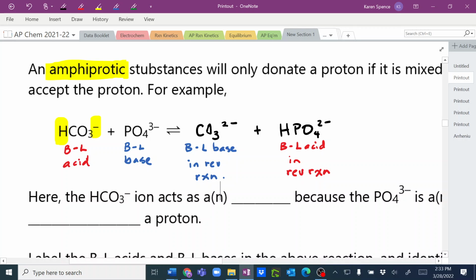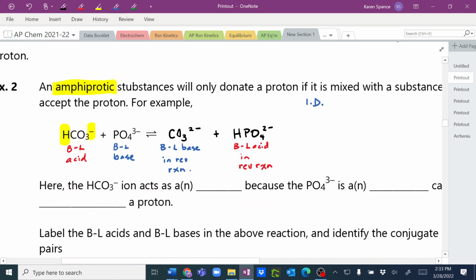Could you identify a conjugate acid-base pair in that reaction? Oh, look, it says label the Bronsted-Lowry acids and bases and identify the conjugate pairs. So we're gonna identify the conjugate pairs by going like this.